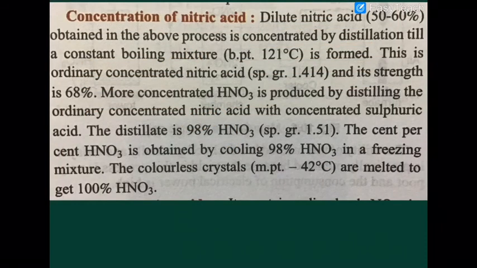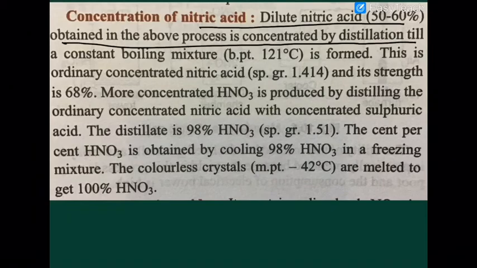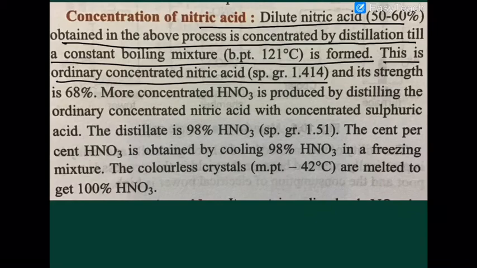Now remember one more thing: the dilute nitric acid, 50 to 60% obtained in the above process, is concentrated by distillation till a constant boiling mixture is formed. This is ordinary nitric acid having specific gravity 1.414 and strength 68%. A constant boiling mixture means an azeotrope has been formed, so 68% is nitric acid and 32% is water.